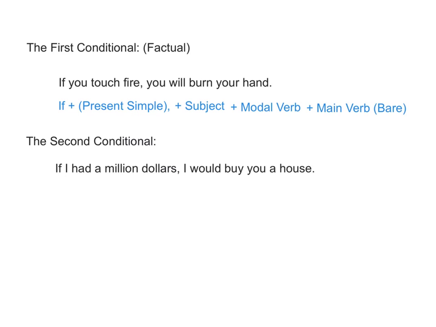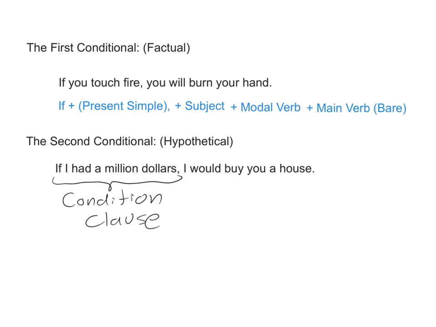This second kind of conditional statement is a little bit different from the first. Where the first described facts, the second conditional is used for conjecture or hypotheses. Now, as before, this sentence has a condition clause, if I had $1,000,000, and a result clause, I would buy you a house.